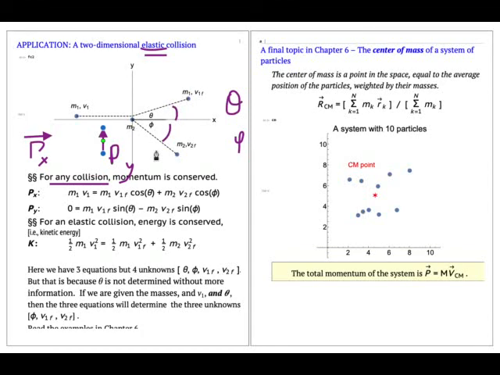So a skilled pool player can predict exactly where the cue ball is going to go and where the 8 ball is going to go. And it turns out, because the two masses are equal, this will be 90 degrees. That's not always 90 degrees. It's 90 degrees if m1 is equal to m2. So there are many special cases like that, and I'll just leave it to you to find the examples in chapter 6.